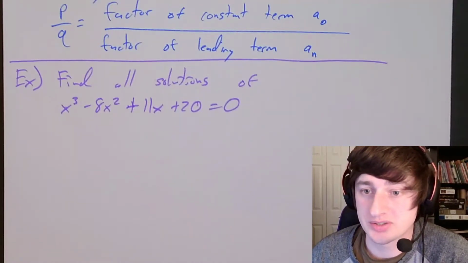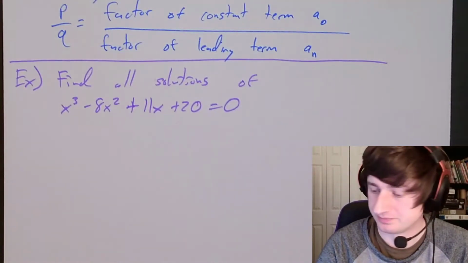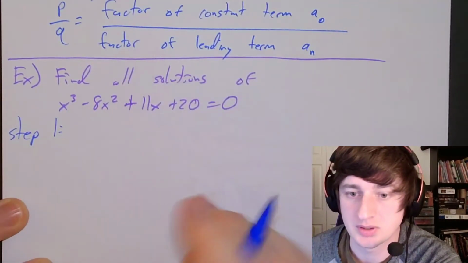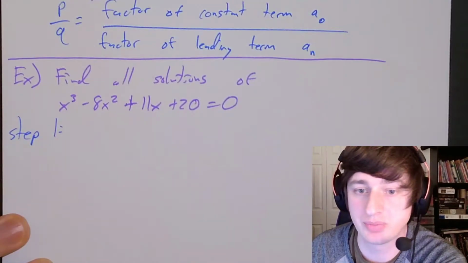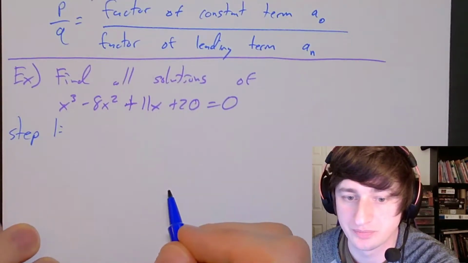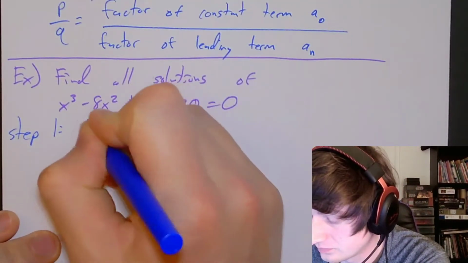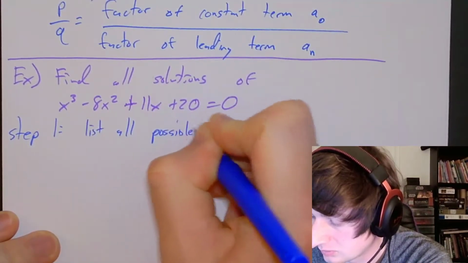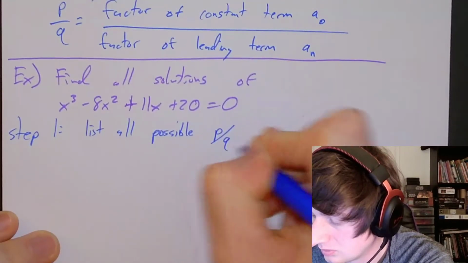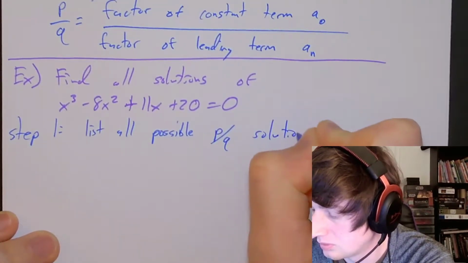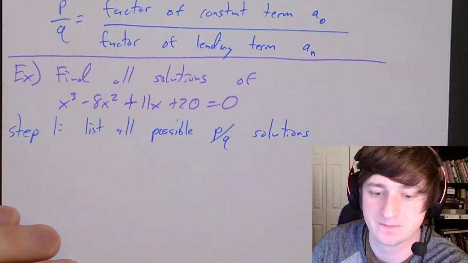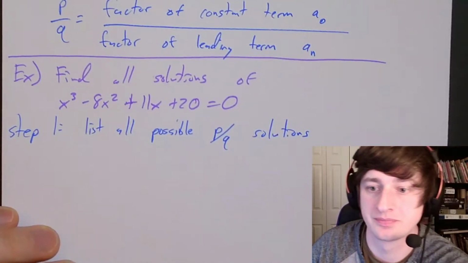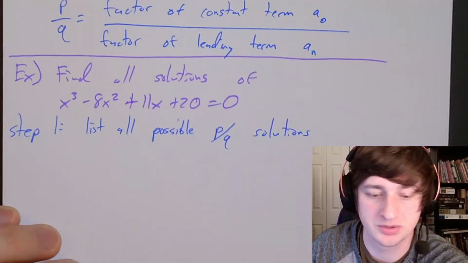So the way to do this, step 1, is going to be just list all of the possible solutions using P and Q. All possible combinations.